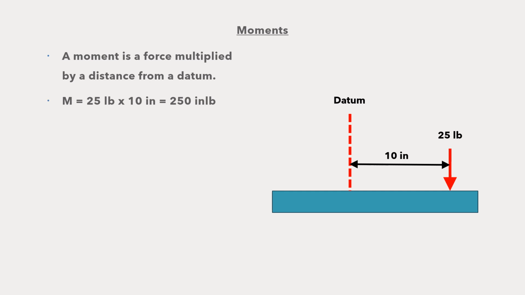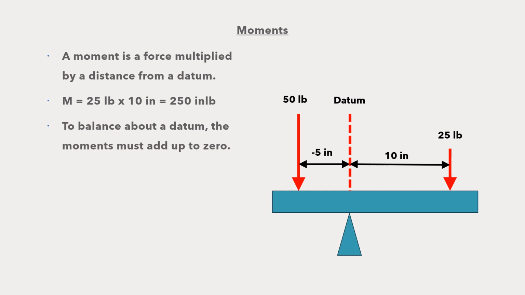So the moment is calculated by multiplying the amount of the force times the distance from the datum. In this case, 25 pounds times 10 inches, 250 inch-pounds of moment. In order to be balanced about a datum point, the moments have to add up to 0.